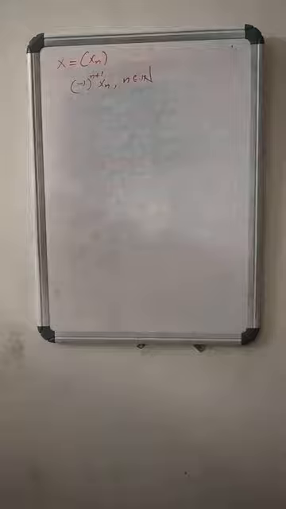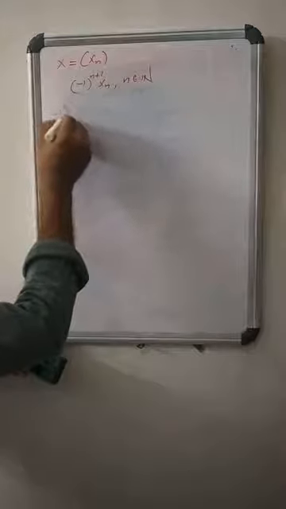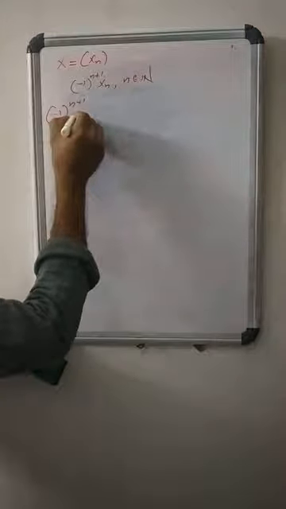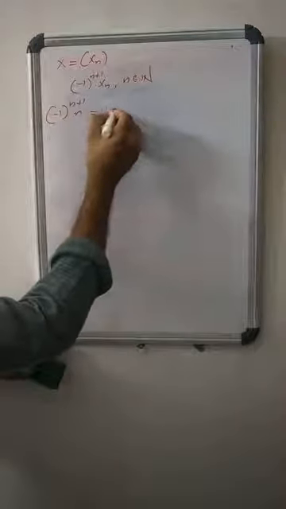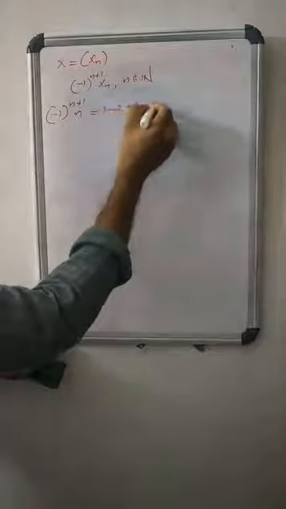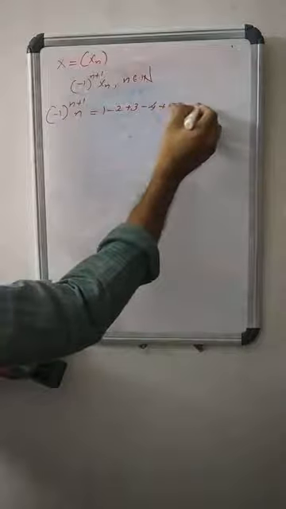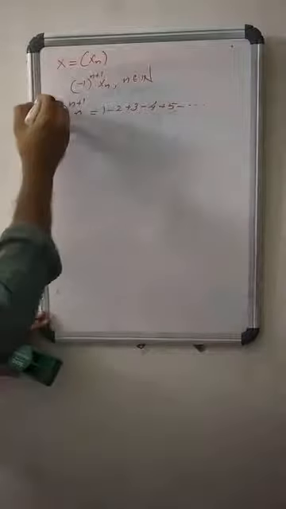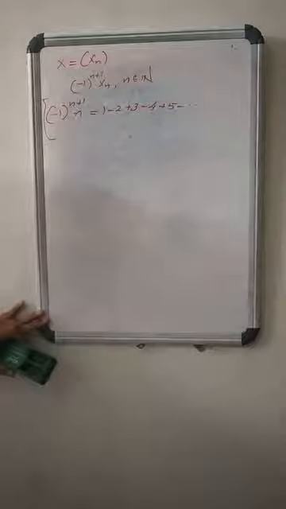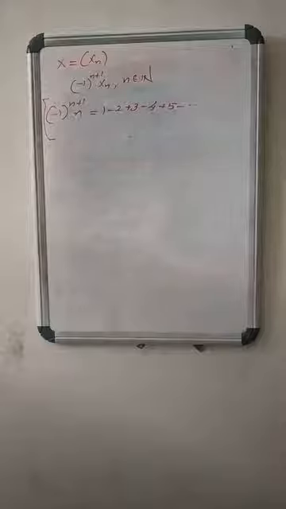For example, take (-1)^(n+1) n. So the sequence is 1, minus 2, plus 3, minus 4, plus 5, minus, etc. So this is an alternating series: sigma (-1)^(n+1) n is an alternating series.